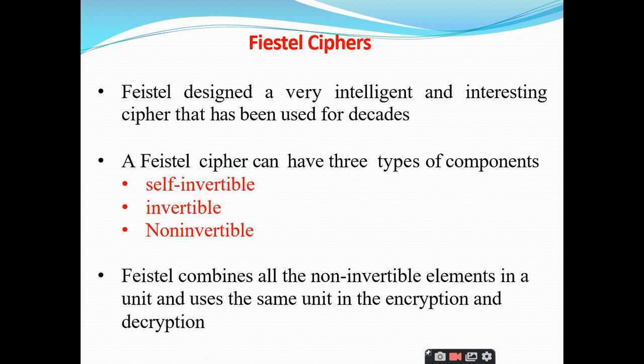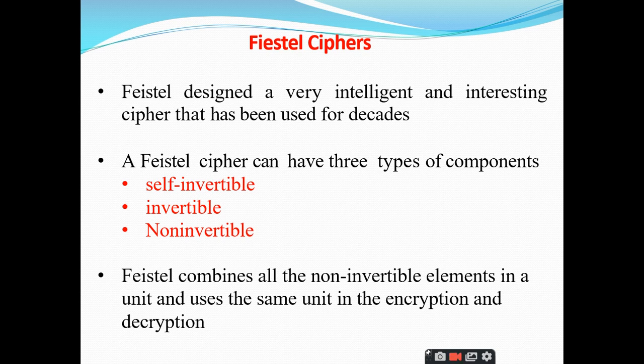Yes, sir. So coming to the introduction part of the Feistel ciphers, Feistel designed a very intelligent and interesting cipher, and remember that this particular Feistel cipher has been in use for decades, right? These Feistel cipher techniques have been used for years together, from long ago.